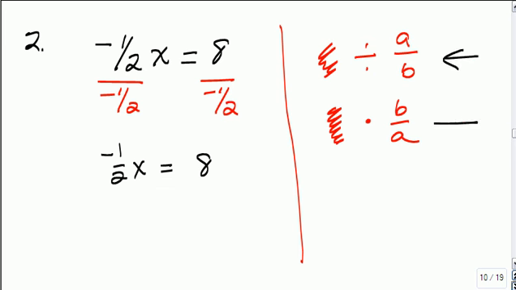Does that give us what we want? Over here on the left, we could cancel those negatives, and we are left with what we want, an x. And over on the right, since everybody here is a whole number, we don't really need that 1 under there. So what is 8 times a negative 2? We get a negative 16.